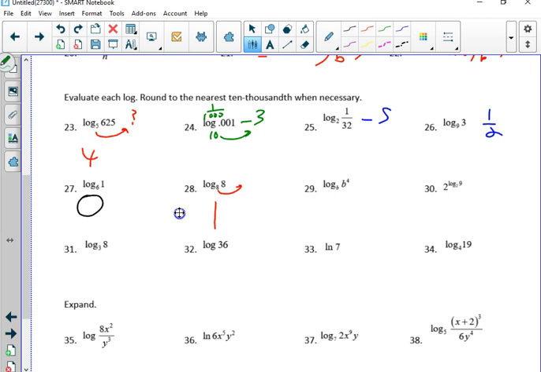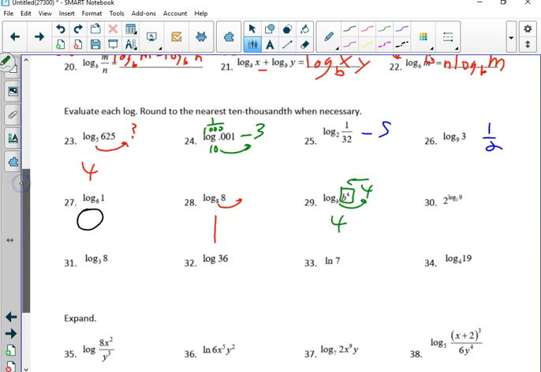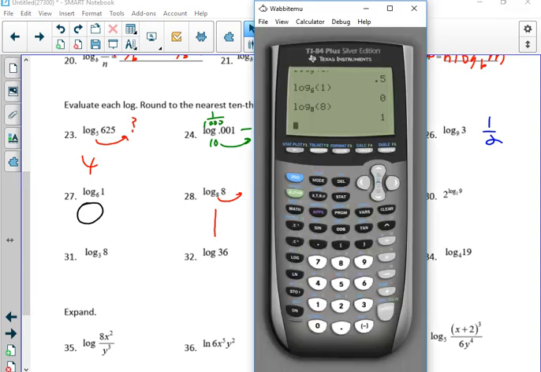Okay? This is kind of like the one up above. B to the 4 is B to the 4. That's just like number 16, really, except it has a number instead of another letter. This one's kind of confusing, and if it messes you up, don't let it. Use the calculator.